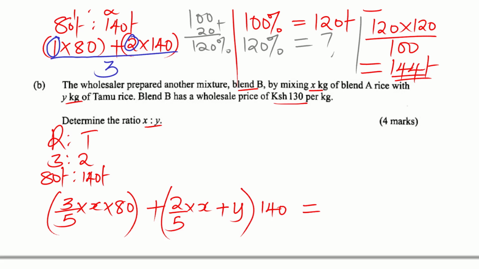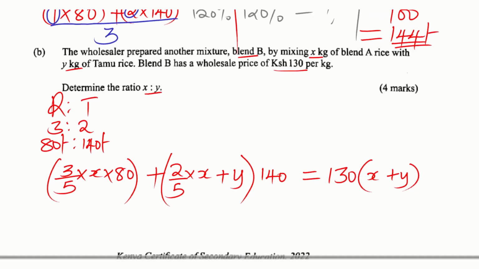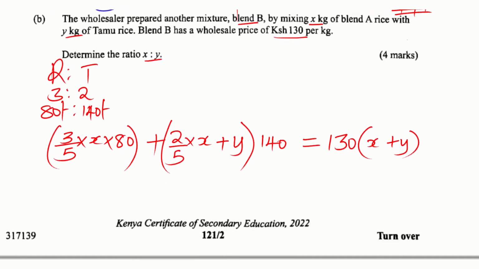Now, when we get these two, it will give the wholesale price, which is going to be given by 130 multiplied by X plus Y. This X plus Y represents the X kg of blend A rice with Y kg of tamu rice. So this is the equation that is going to help us now to get the ratio.